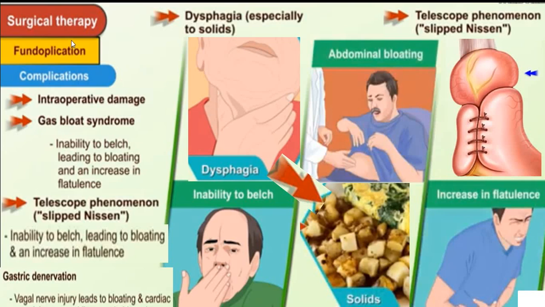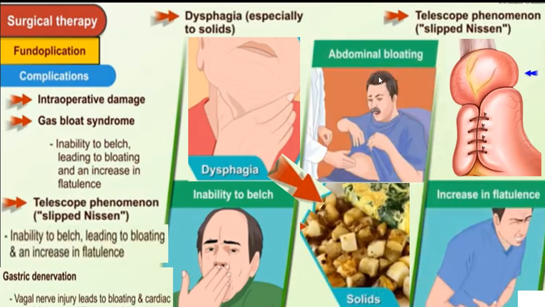Fundoplication complications: intraoperative damage, gas bloat syndrome, slip Nissen or telescope phenomena, etc. The person who has dysphagia, especially to solid foods, is very common as a complication of fundoplication.